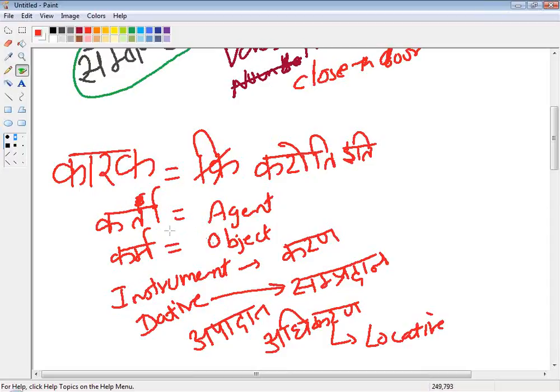So these are called these six. So we saw karta. Okay, so we have karta, karma, right? Then karana, instrument, sampradana, apadana, adhikarana. These are what we call as the primary karakas.